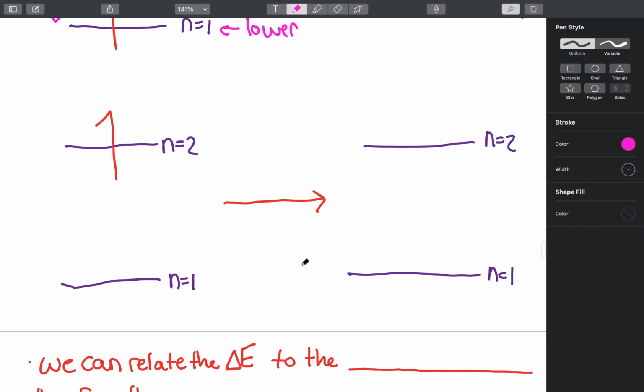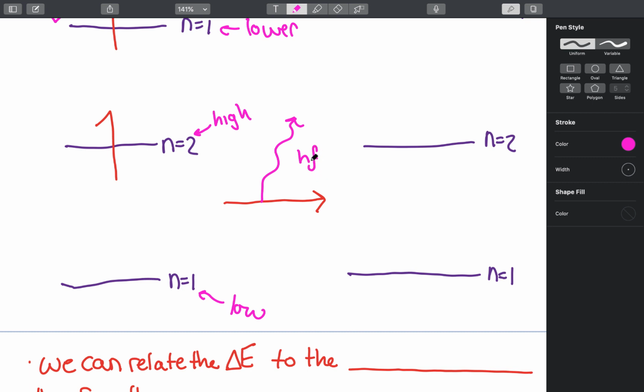So the next type of energy transition is an emission. Emissions occur when an electron moves from a high energy level to a low energy level. So in this case, when the electron goes from n equals 2 to n equals 1, light will be emitted.